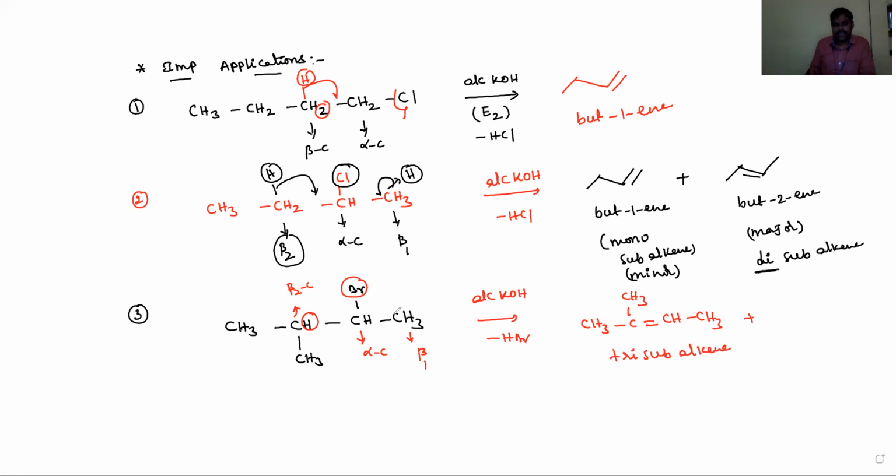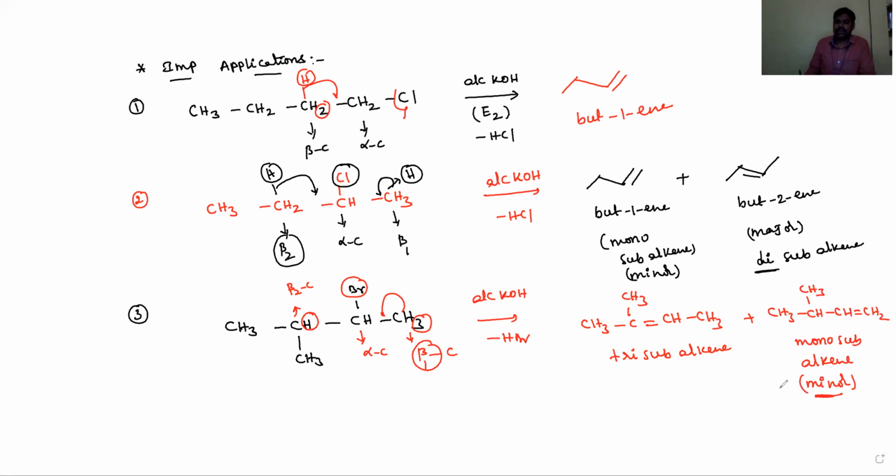Whereas if you remove one beta hydrogen at the beta1 carbon, then we'll get a monosubstituted alkene. This is a monosubstituted alkene, and it is the minor product.